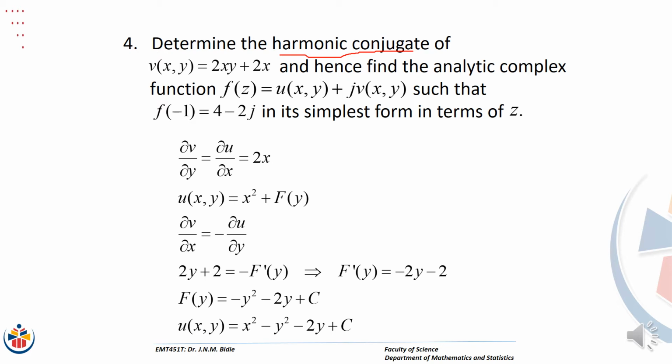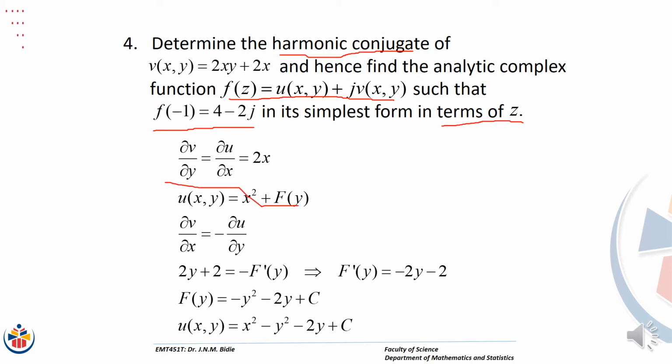And then thereafter, you are asked to find the function f of z such that f of negative 1 is equal to 4 minus 2j, and we're using the simplest form in terms of z. So we're still going the same route using the harmonic conjugate, knowing fully well that u and v satisfy the Cauchy-Riemann equations. We go that route yet again.